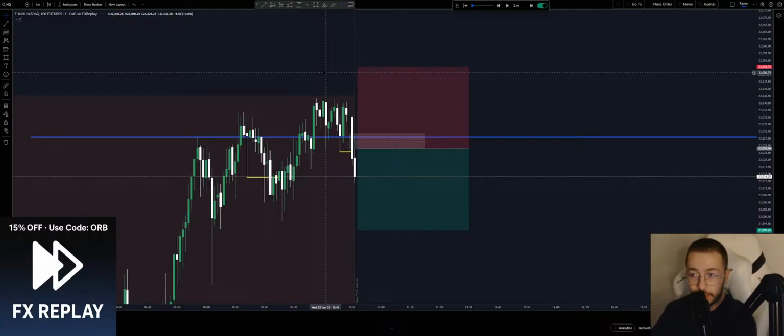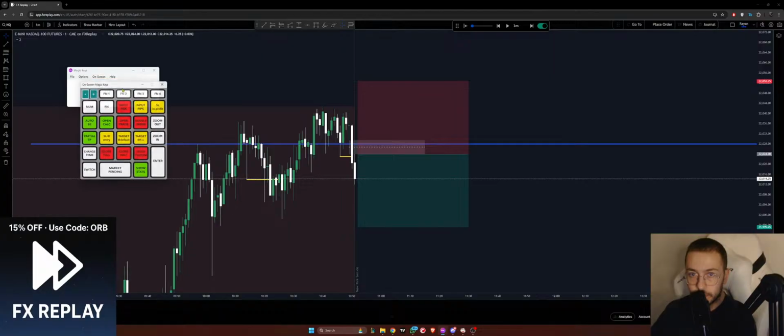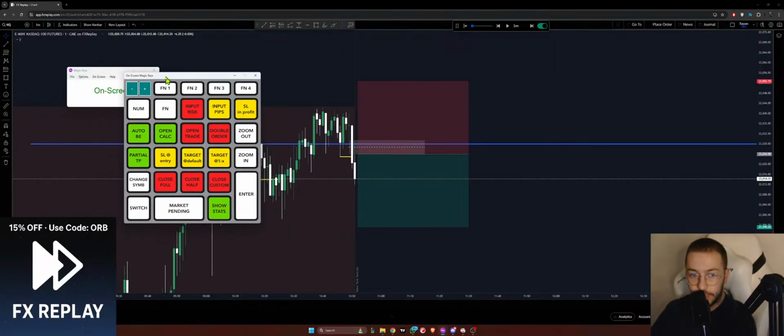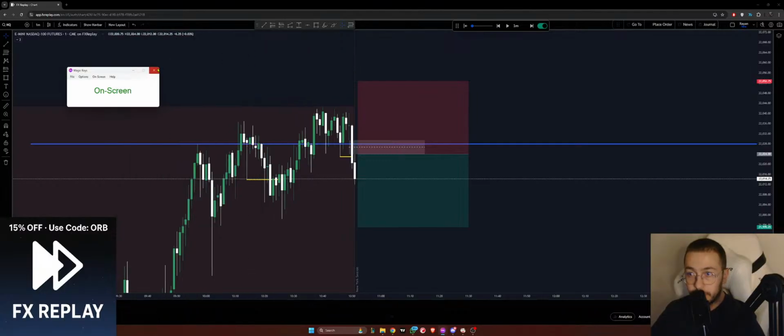Forex you can do that because there's a calculator, the magic keys. That's what I use when I trade forex. If you want to risk $1,000, no matter how big your stop loss is, it's gonna be the same. But in futures it's different.